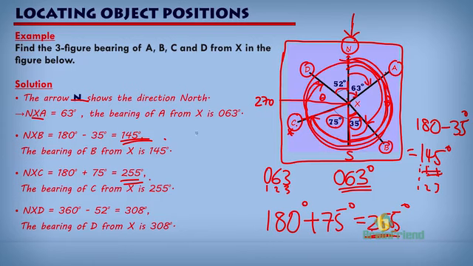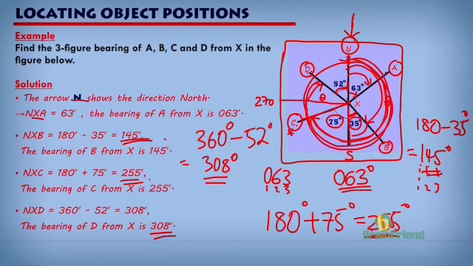So simply say 360, which is a shorter method, minus the 52 degrees that was given to us, and we'll get our 3-figure bearing from the north down to our point D. 360 minus 52 is 308. So we have our 3-figure bearing of the point D to be what?